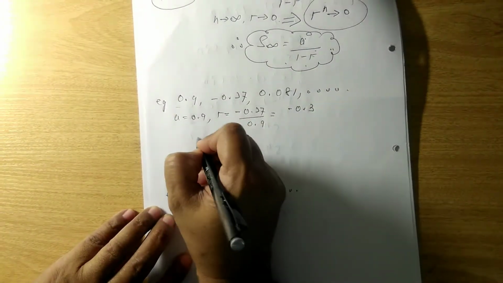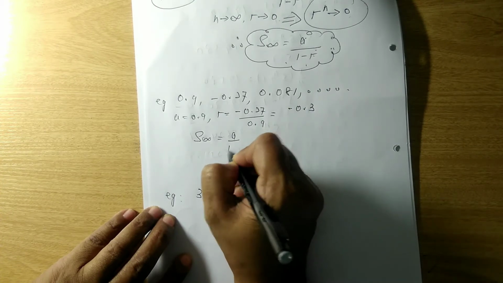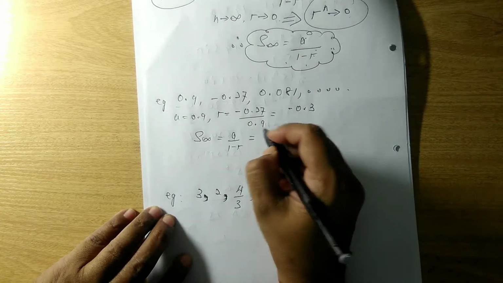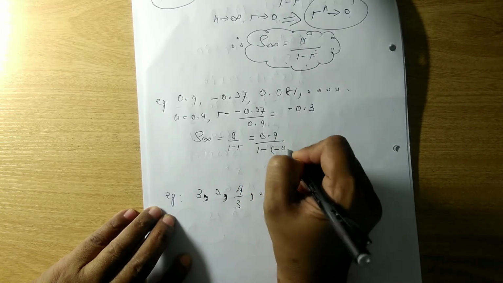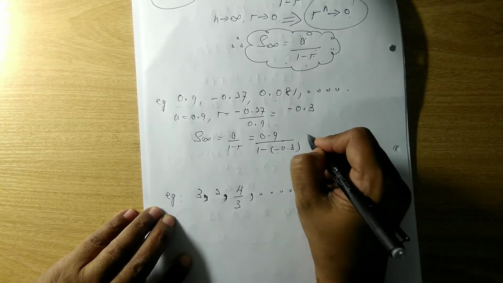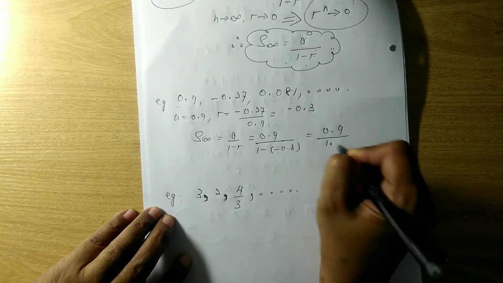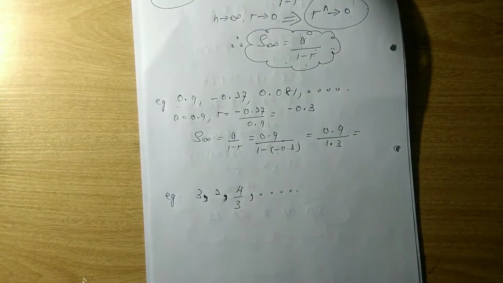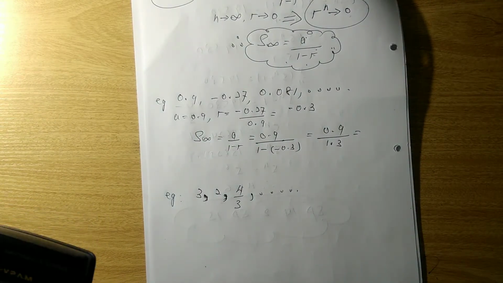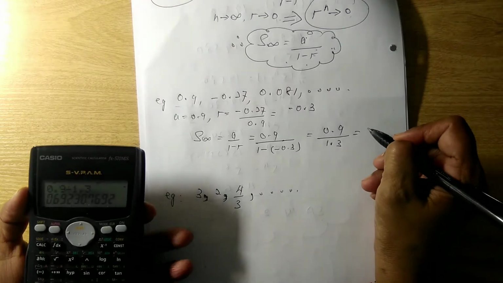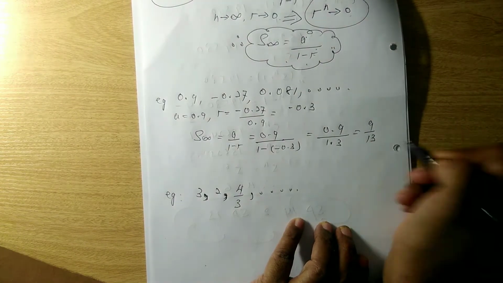Once you get your r, you want S infinity. The formula is a over 1 minus r, which becomes 0.9 over 1 minus negative 0.3. So 0.9 over 1 plus 0.3, which is quite a big number, or you can just leave it in fraction: 9 over 13.